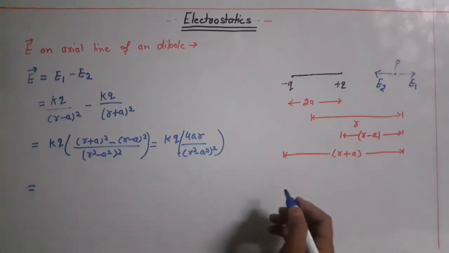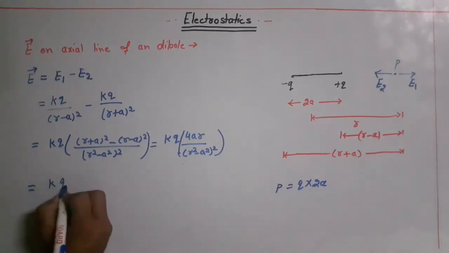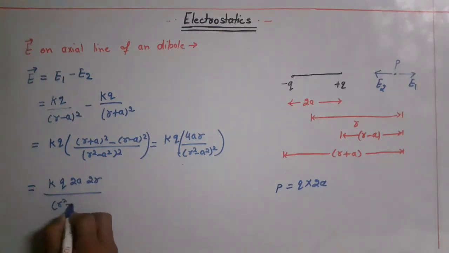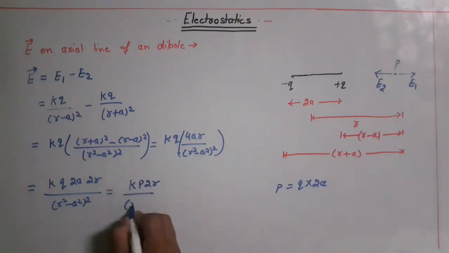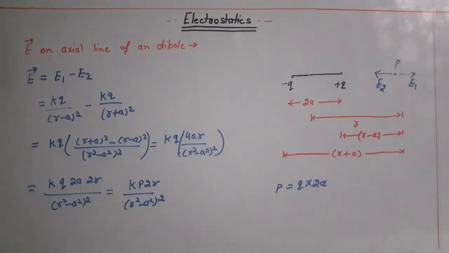Next, as we know that our dipole moment, which is p, is equal to Q into 2a, it will become kQ into 2a into 2r divided by (r square minus a square) raised to power 2. I have broken down 4ar. So this will become k p 2r divided by (r square minus a square) raised to power 2. So this is our electric field on the axial line of a dipole.